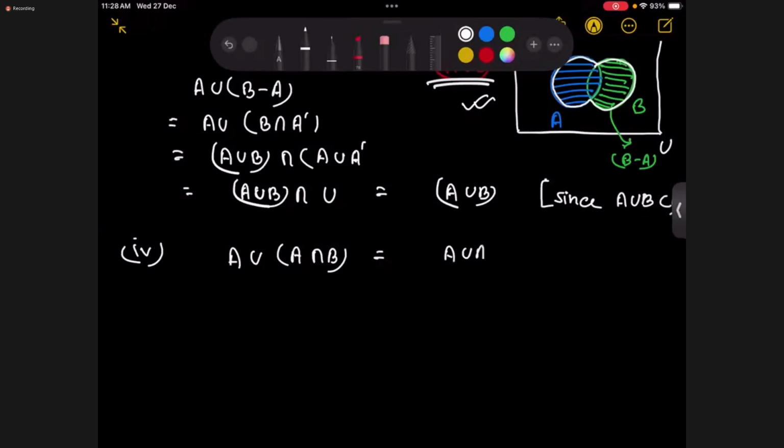(A union A) intersection (A union B). Now, what about A union A? This is equal to A. And A union B stays the same. It will be easy to use the Venn diagram.